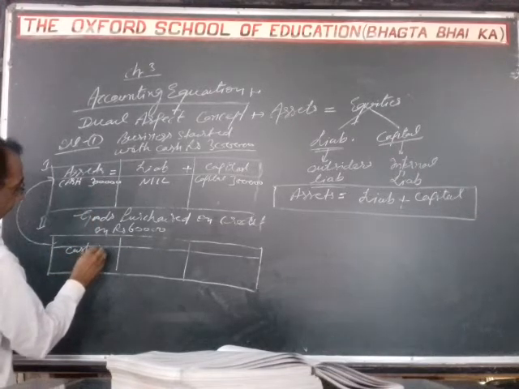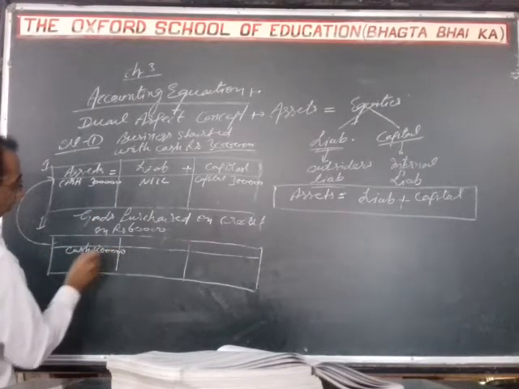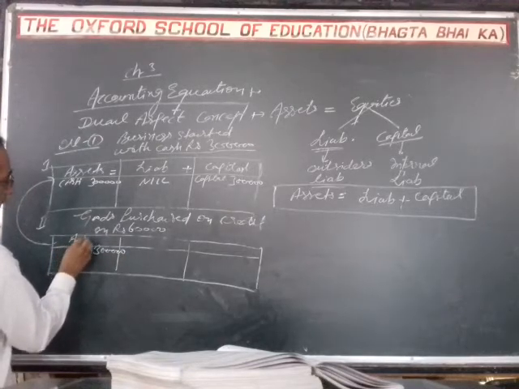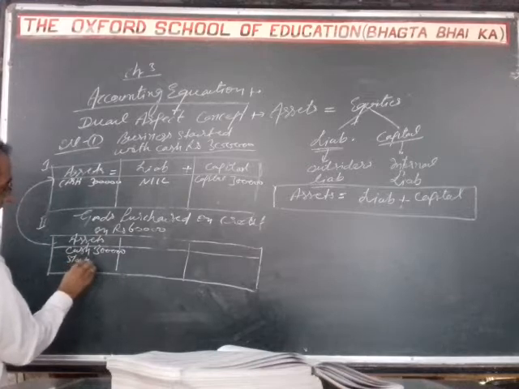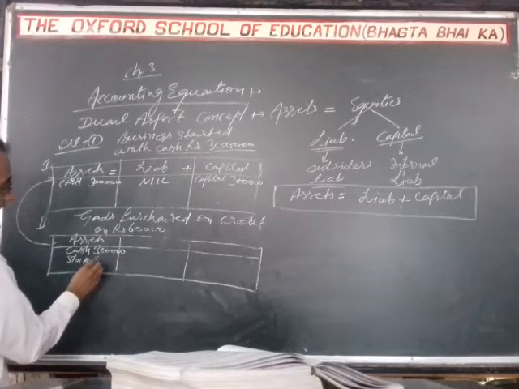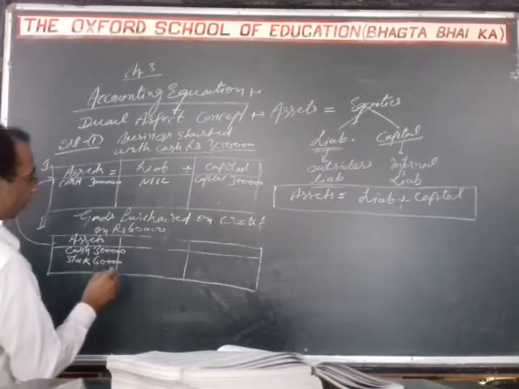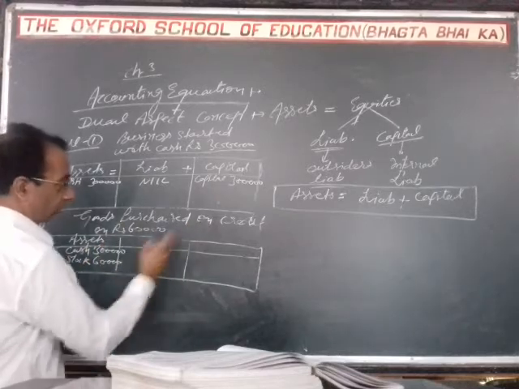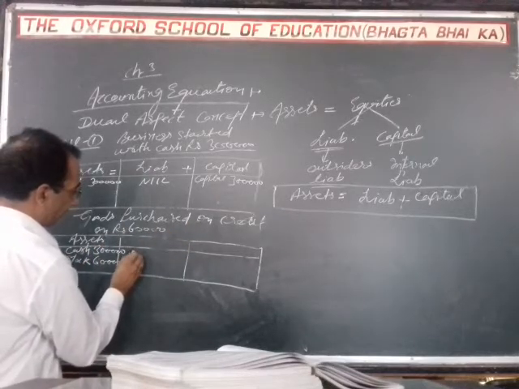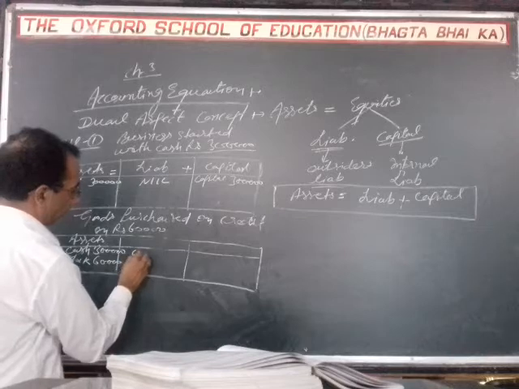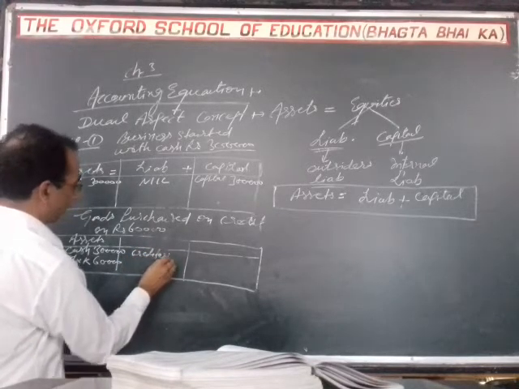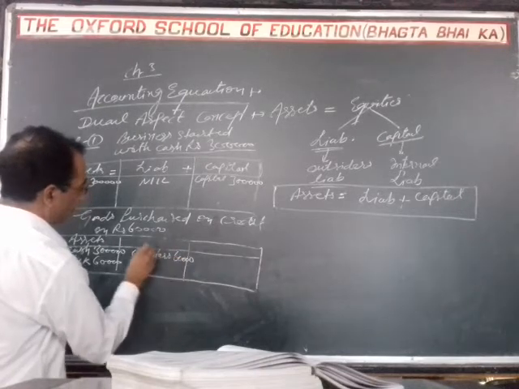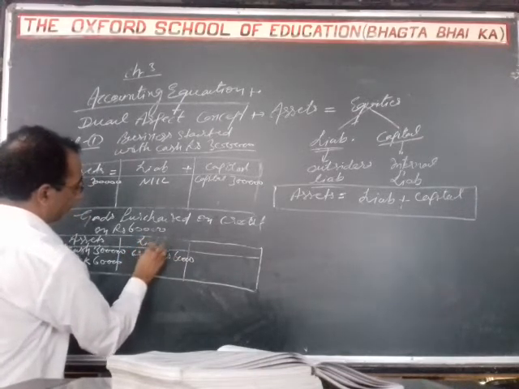Cash remains the same because cash is not gone from the business, because goods are purchased on credit basis, but stock comes to us. 60,000 stock comes to us, but it is on credit. That's why creditor will come 60,000. This is the liability side.